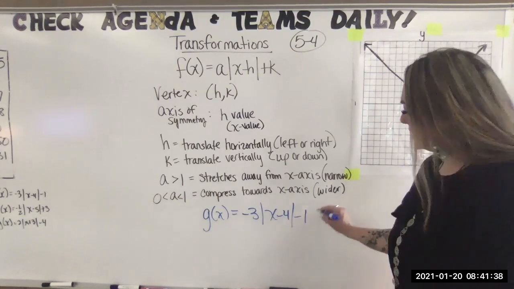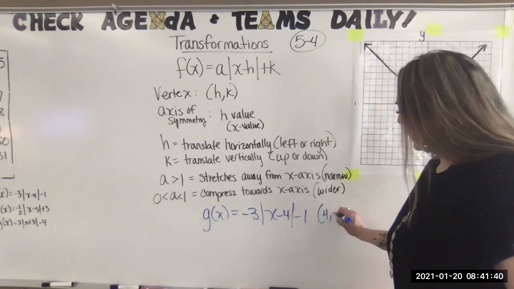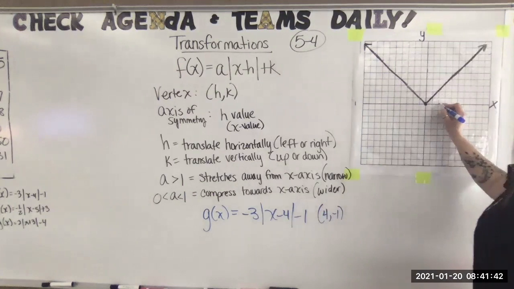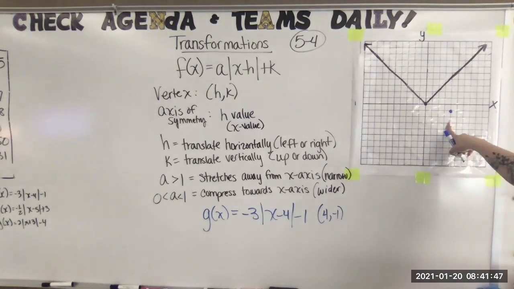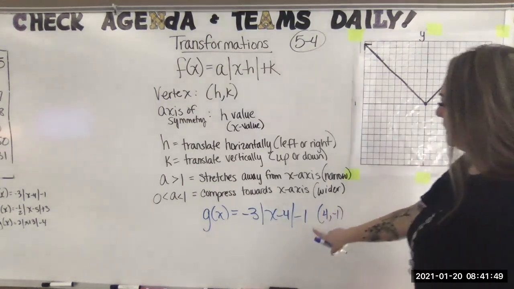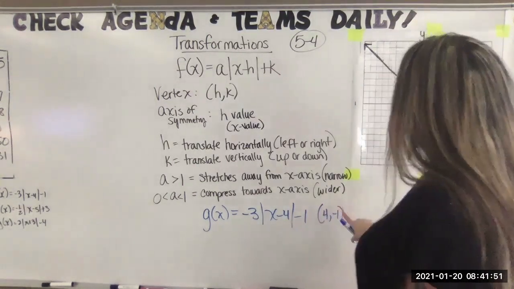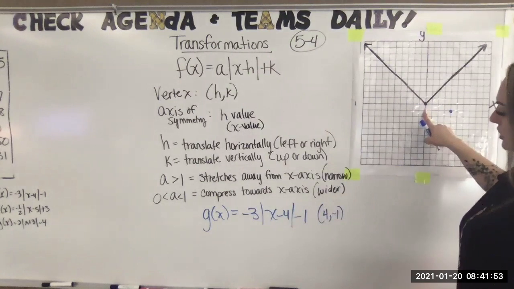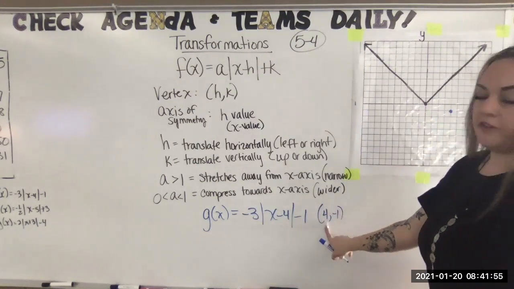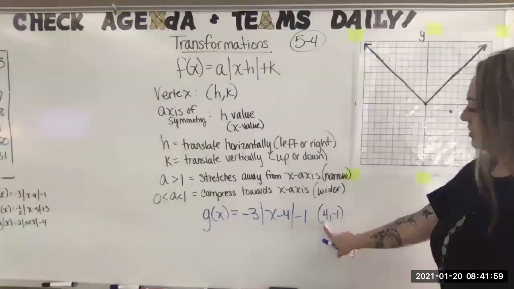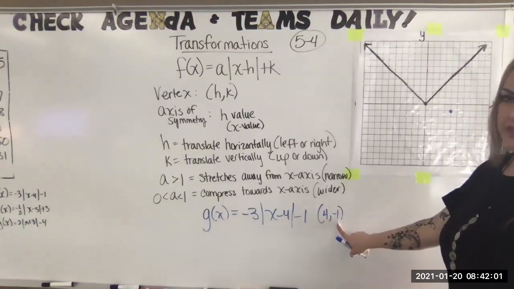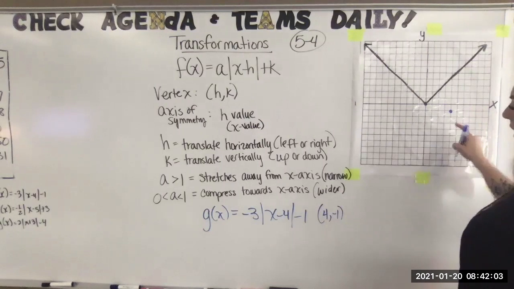So our vertex is (4, -1) right here. We can see already that it has shifted from the parent function over to the right 4 units and down 1 unit. Horizontal shift, vertical shift, x, y.